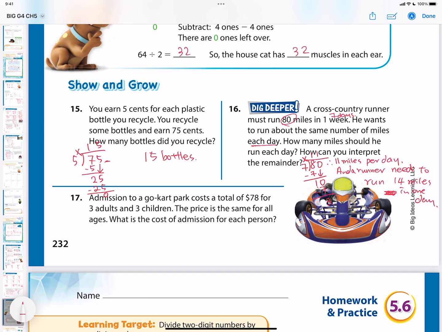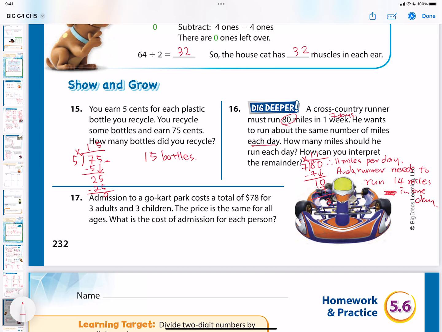So each day for 6 days, you need to run 11 miles, but the 7th day, you need to run 14 miles, which is opposite than what we believe. On the 7th day, you should rest, right? But anyway, that's what they were asking. Maybe after sundown, Saturday night, they can run, right? So on the seventh day, the runner needs to run 14 miles, but for 6 days, they can run only 11 miles per day.